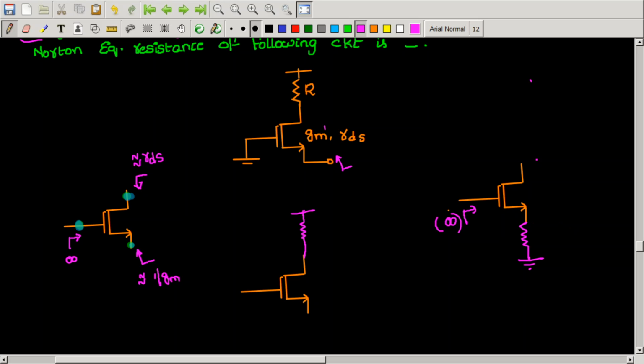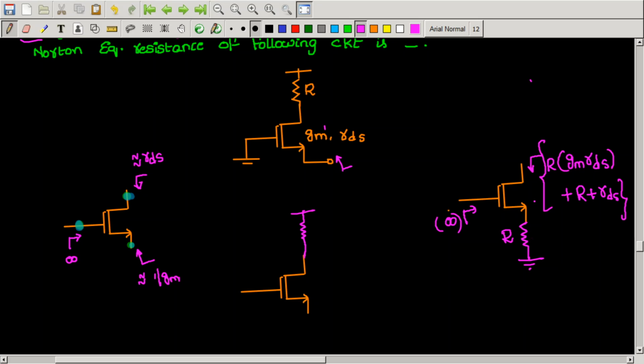And if you are looking from the drain of the MOSFET, and this value is R, remember that this value R will be multiplied by the intrinsic gain of the MOSFET, plus R plus RDS. So this is the equivalent resistance when you are seeing from the drain of the MOSFET when a resistor is connected to the source.